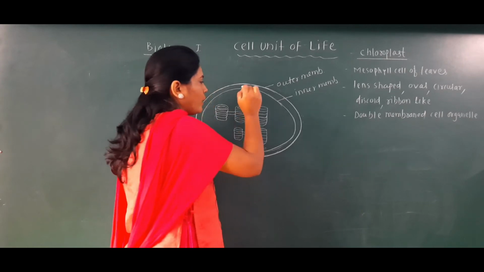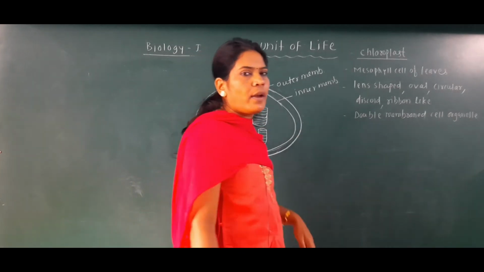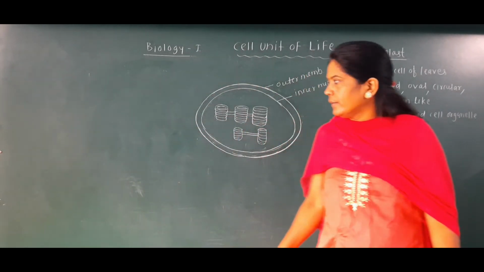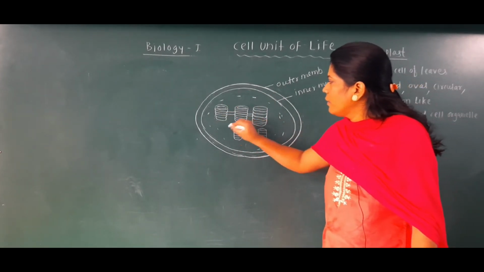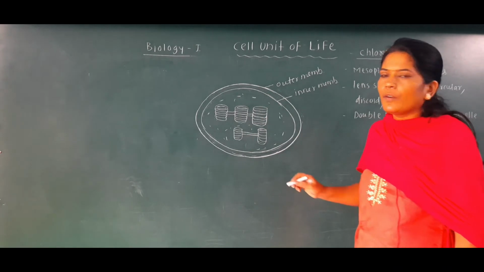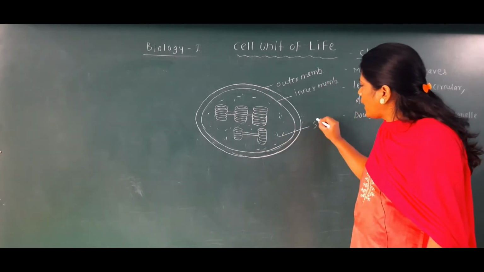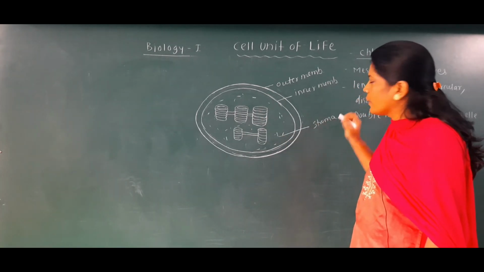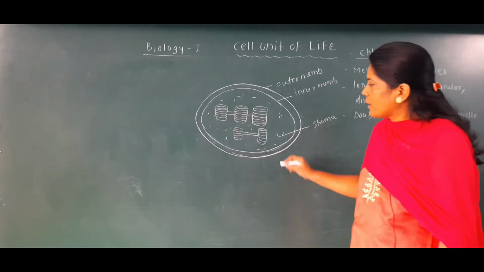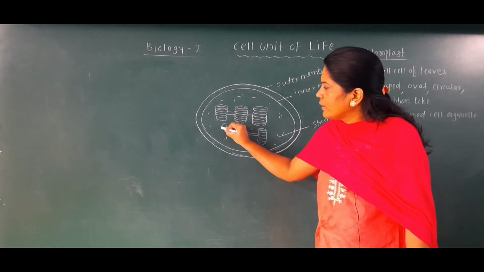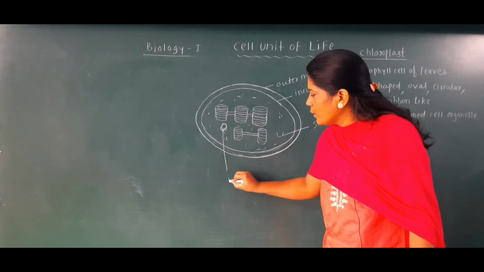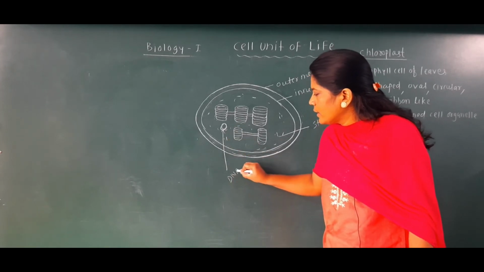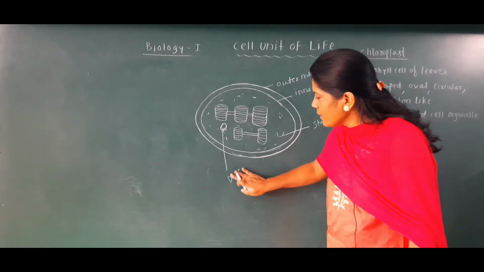But we are not wasting too much time in drawing this figure. But see here, this content of the chloroplast is called stroma. In the chloroplast you will also observe a circular double-stranded molecule which you call DNA.